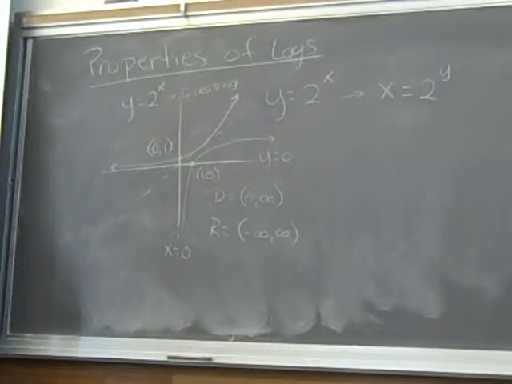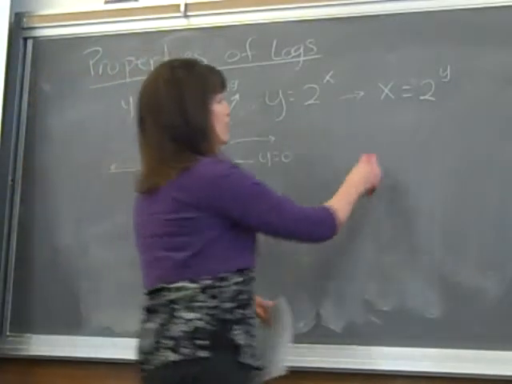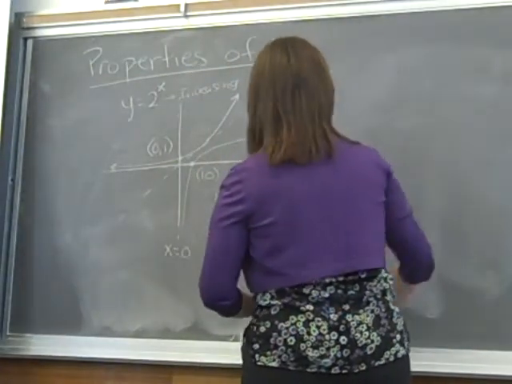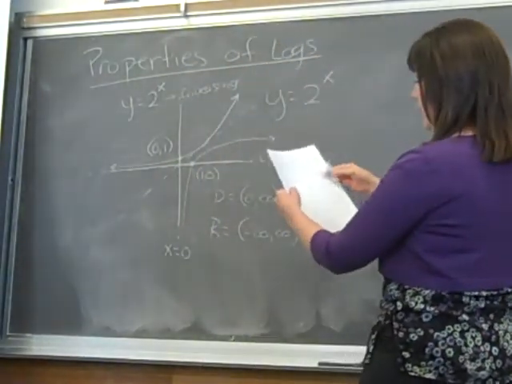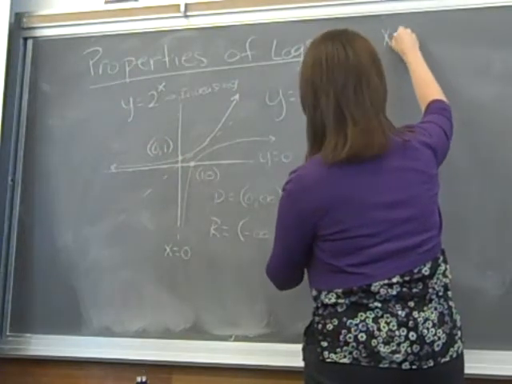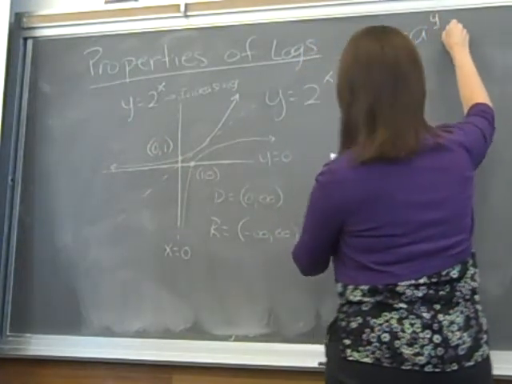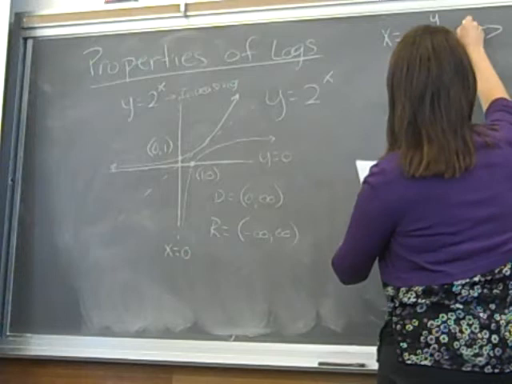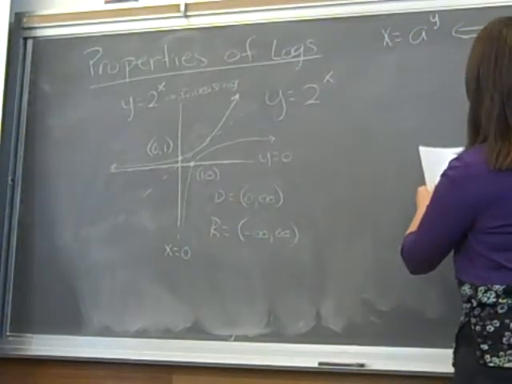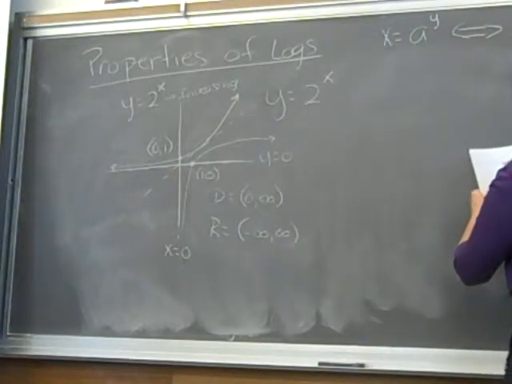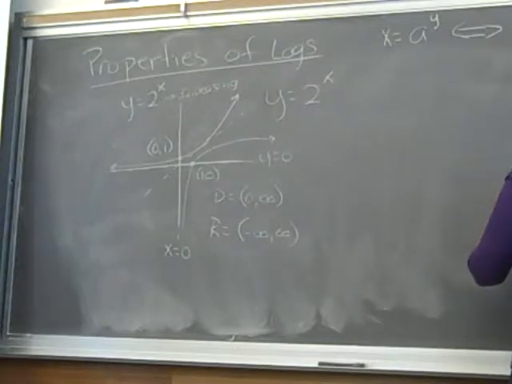All right, so let's go back to that little thing I gave you that I just erased so I could do this graph. I call it, once again, crossing the bridge. A to the y. That stands for if and only if in math language. If I'm trying to get from exponential to logarithmic, this is why I'd say a log is an exponent.